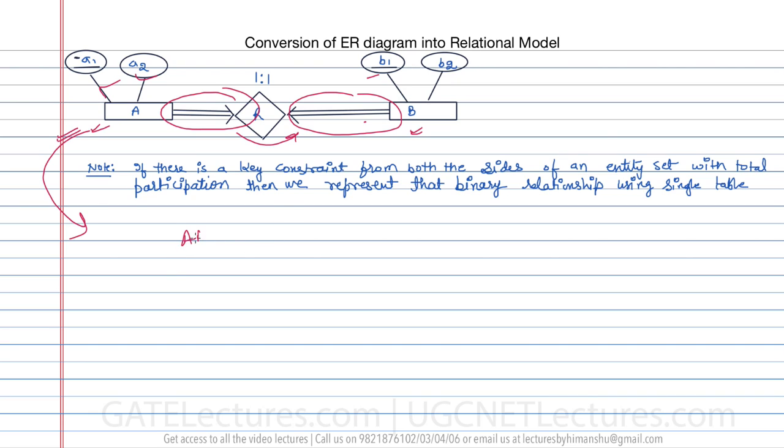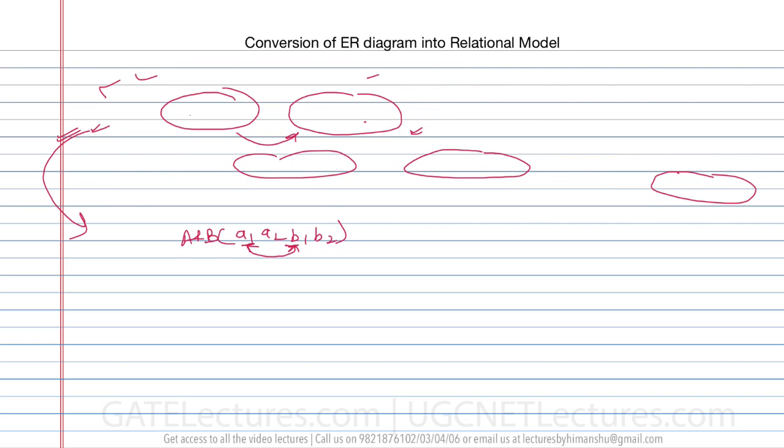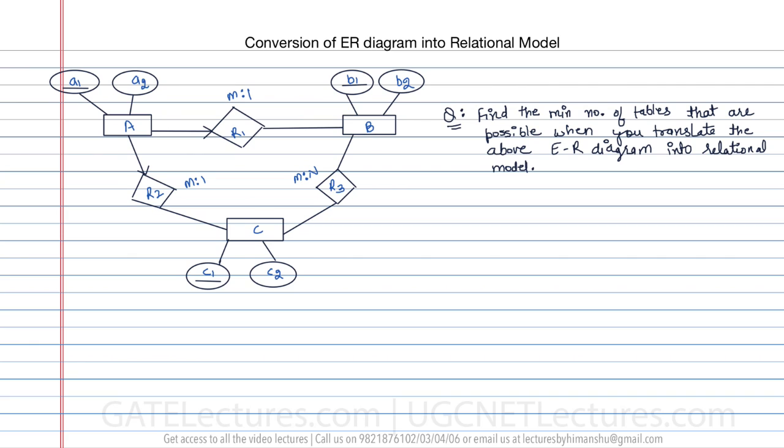Assuming the name of that new table is ARB, it is going to have A1, A2, B1 and B2, where A1 and B1 combined create the primary key of this. So if there's a key constraint from both sides of an entity set with total participation, then we represent that binary relationship using a single table. Okay, fine.